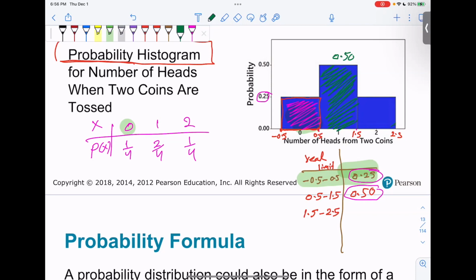And then the last one here will be 0.25. So now, if we add this plus this plus this, it will equal 1, right? The summation of those probabilities must be equal to 1. This 1 is the area of those rectangles. If you calculate the area of those 3, you will find this area equal to 1.